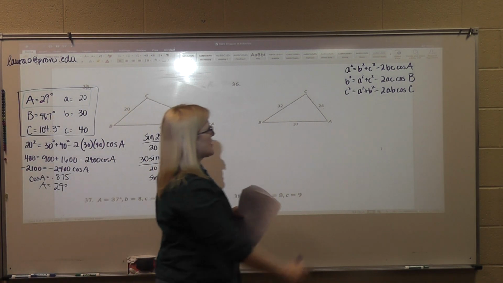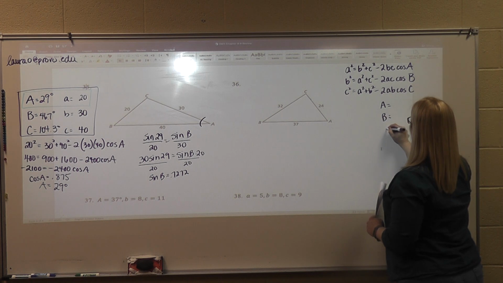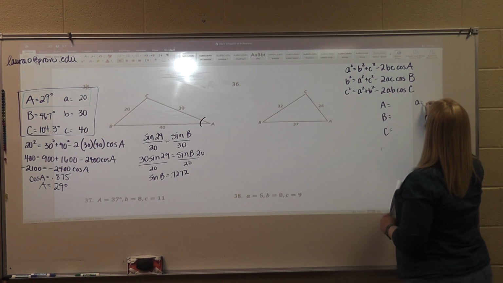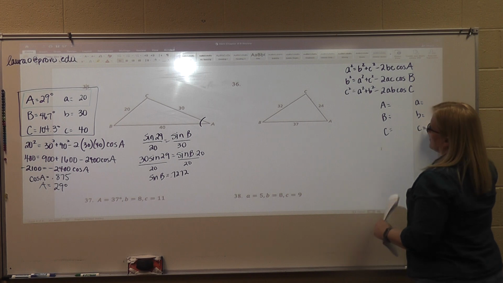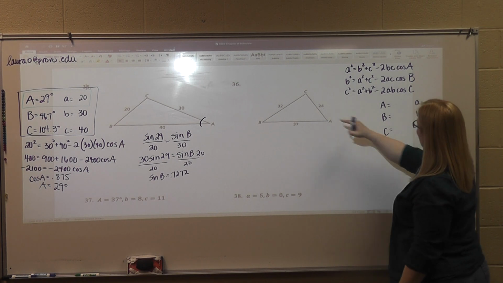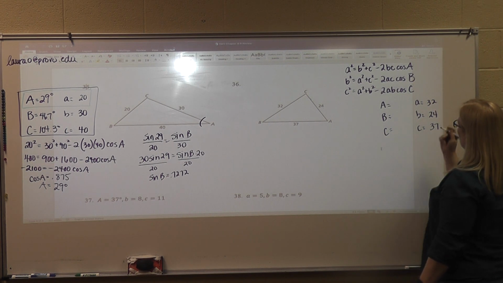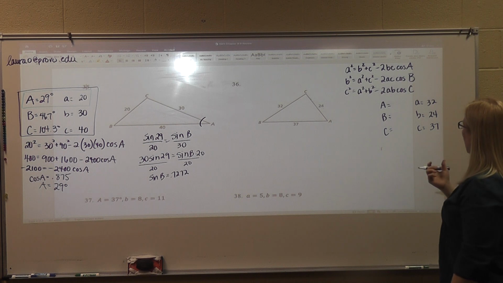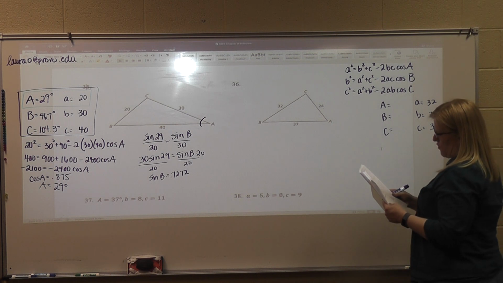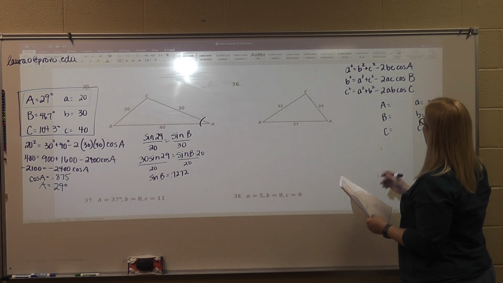All right, 36, template. So A is 32, B is 24, and C is 37. Okay, and I think that I will go for A. I did A again.